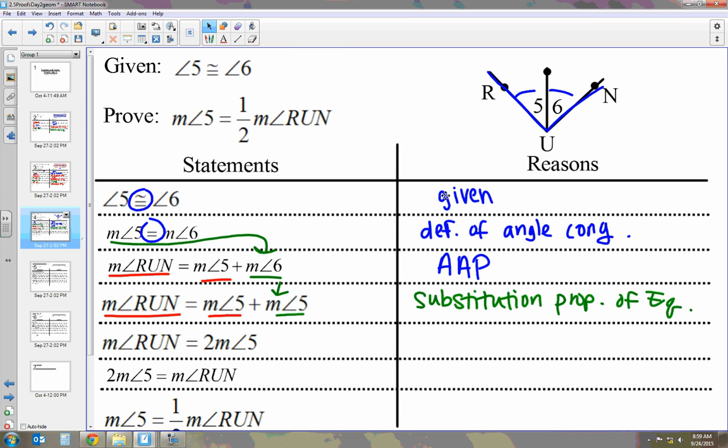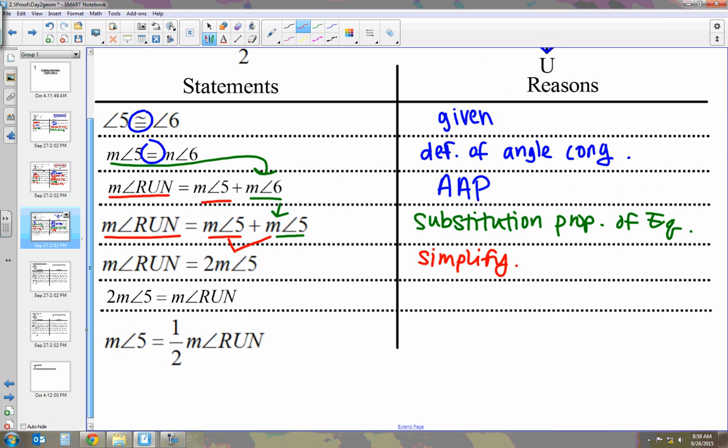Well, if you notice, we have combined our like terms, and when we combine like terms, that is simplify. Next up, I notice that my statement has been flipped, and when I flip a statement, that is symmetric.